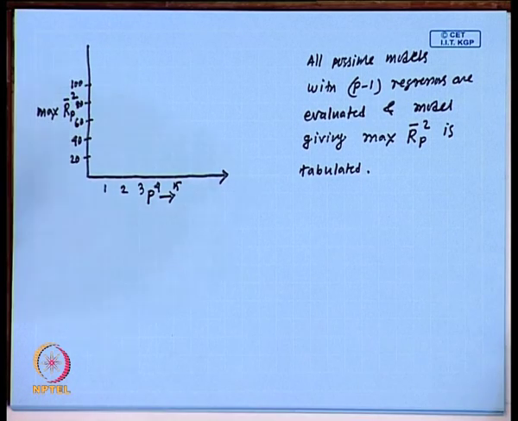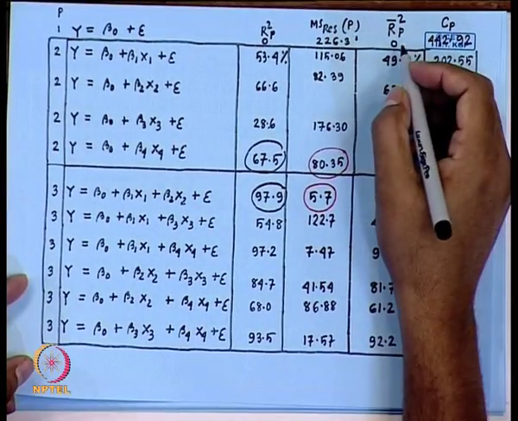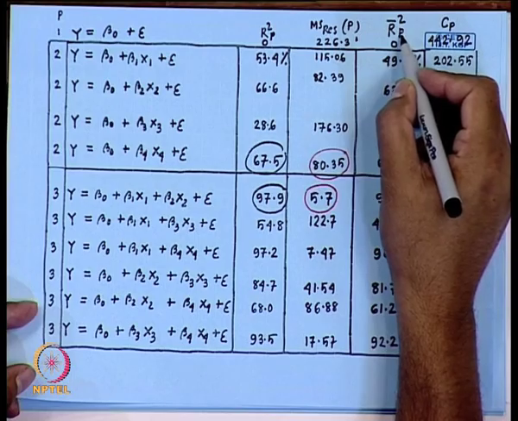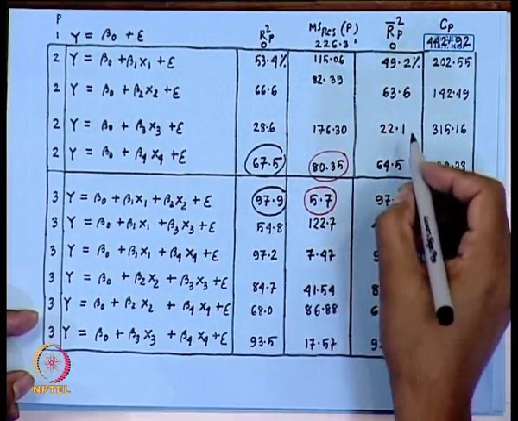Let me have the values. So, when p equal to 1 the value is equal to 0.